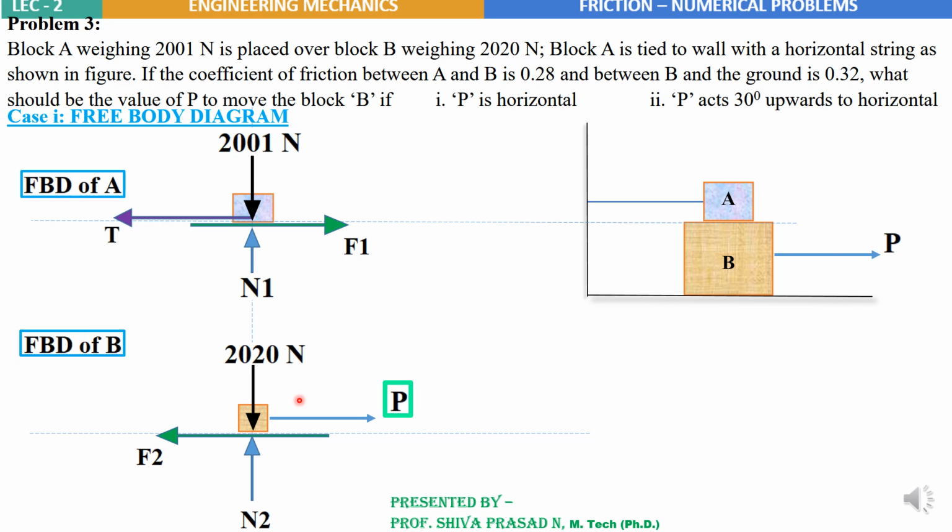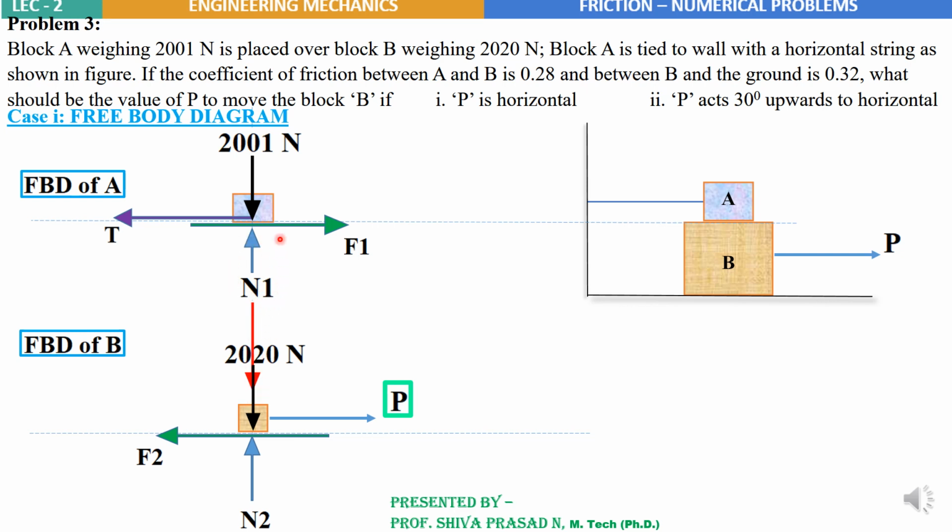Which are they? At the interface of A and B. Please students, don't forget this. At the interface of A and B, you need to consider two more forces. They are the normal reaction N1 acting in the opposite direction, that will impart a force in the downward direction.